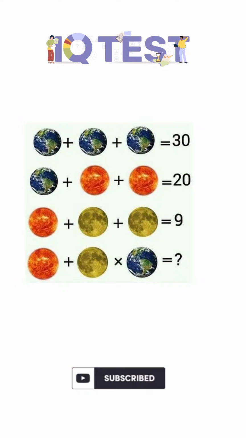Sorry, the sun is 5. And then the third one, the moon is 2. Okay, so the final answer for this particular question is also 25. So the answer here is 25. All right, guys, so let's have a look at the next question.